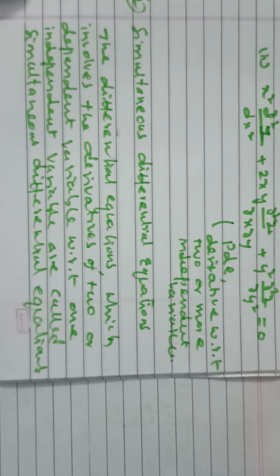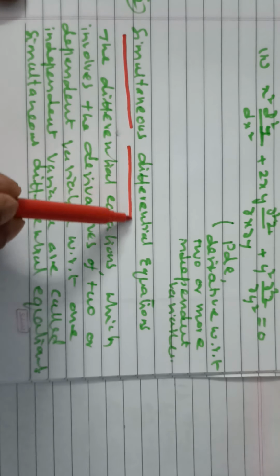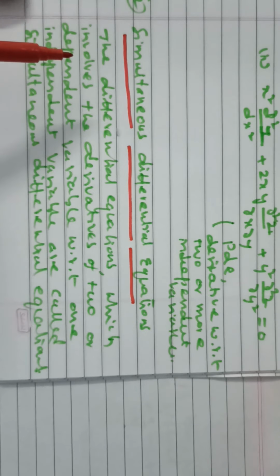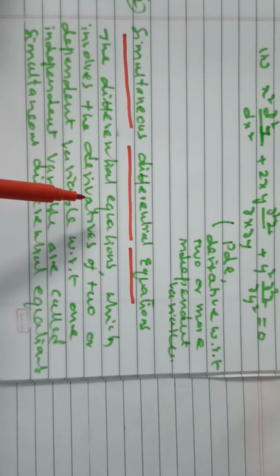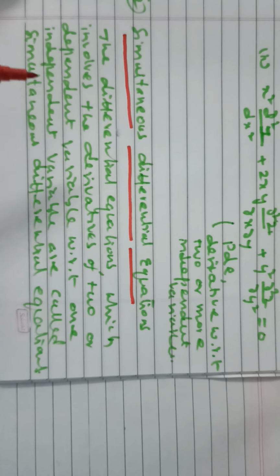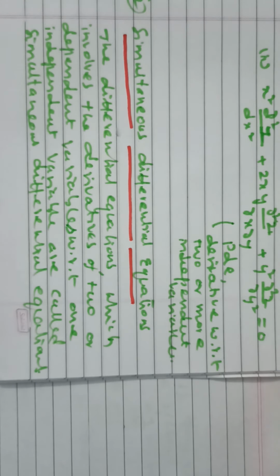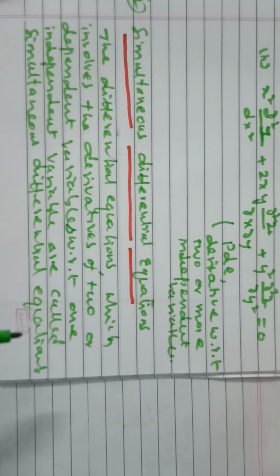You see the differential equations. Next, the simultaneous differential equations. So here the word differential equations is there. It may be two or more differential equations which involve the derivatives of two or more dependent variables with respect to only one independent variable. That means two or more variables must have derivatives with respect to only one independent variable, and these are called simultaneous equations.